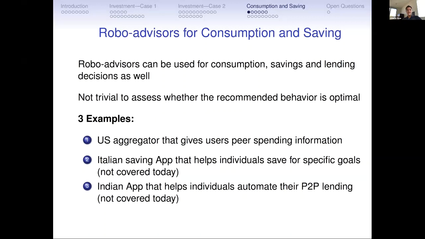And then this Indian app is the third project I have in this area. It targets peer-to-peer lending individuals. On this platform, most of the time what people do is decide on specific loans to make. But one of the results is that individuals tend to be rather under-diversified in their lending portfolio.